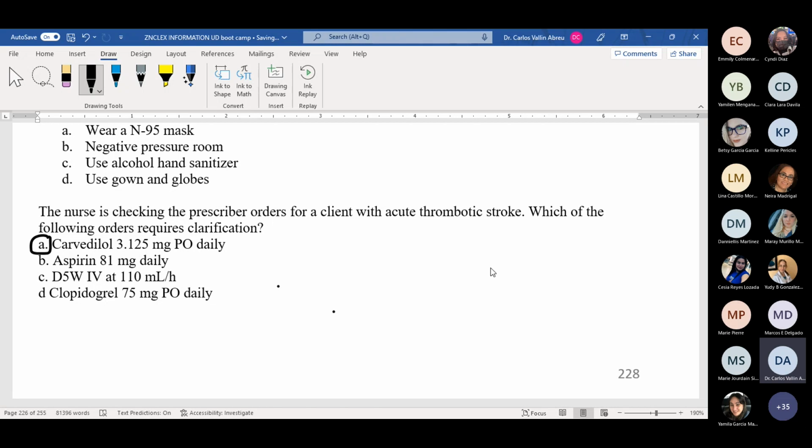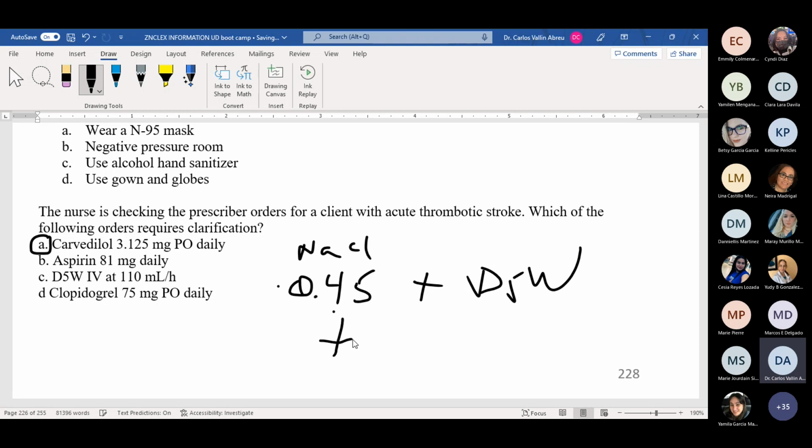And then I said, you know what? When it is a combination of half normal saline, sodium chloride 0.45, plus the D5W, in reality it is not considered hypotonic because you are adding the osmolarity of the 0.45 plus the osmolarity of the D5. But in this case, it's only the D5W. And you know the D5W is going to be transformed into water.